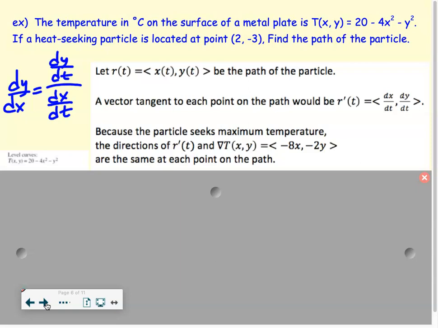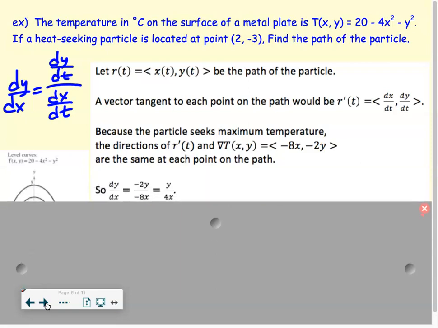So we are going to use that information to write dy/dx. So dy/dx is going to equal our negative 2y over our negative 8x. We want every point on the path to follow that gradient.